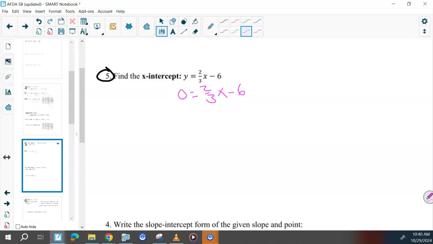How would I start to get this x by itself? Not divide first. Multiply by 3. So you could do that to get rid of the fraction, multiply everything by 3. So sure, let's do that.